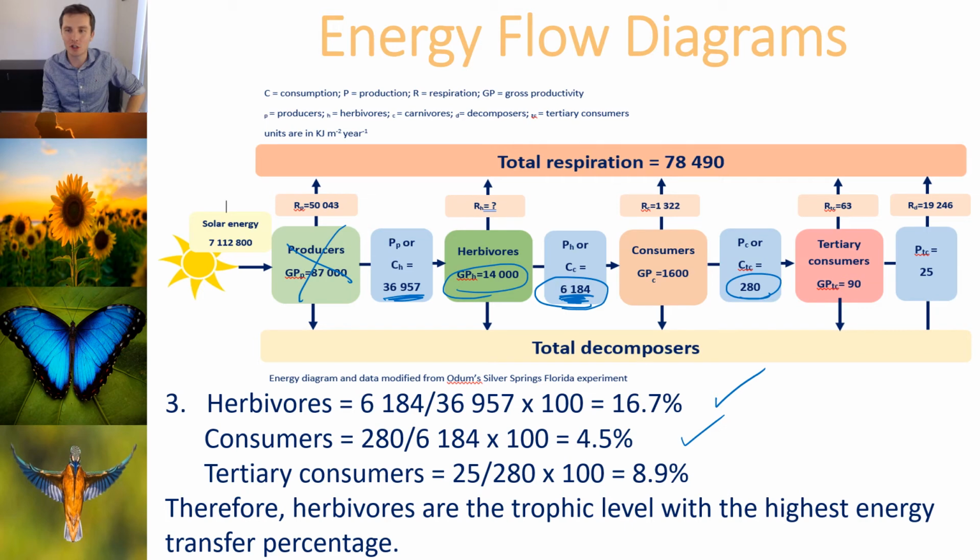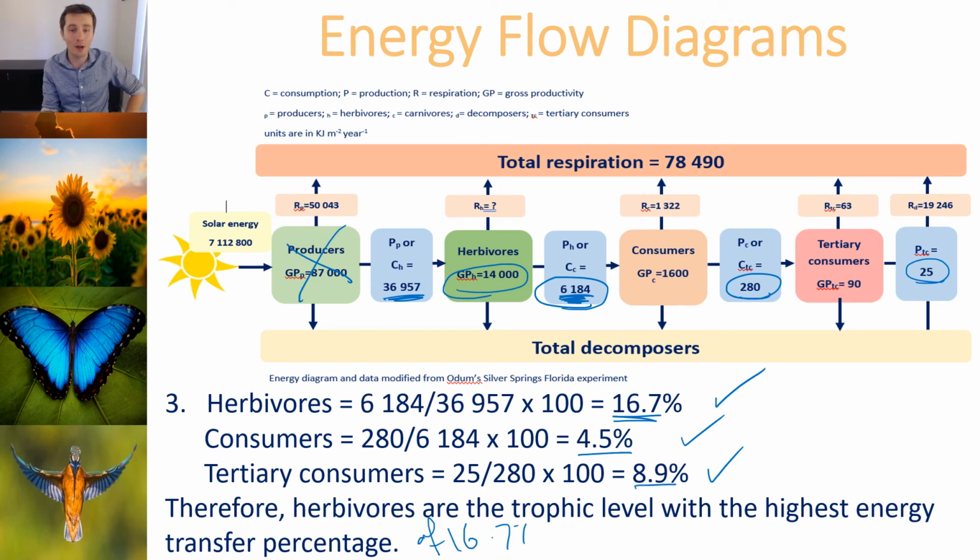And then the tertiary consumers, well, we have their production, which is 25, divided by the production of the previous trophic level, which is 280, which is 8.9%. Therefore, the herbivores are the trophic level with the highest energy transfer percentage of 16.7%, which is larger than the other ones because obviously we've got 8.9 and 4.5.